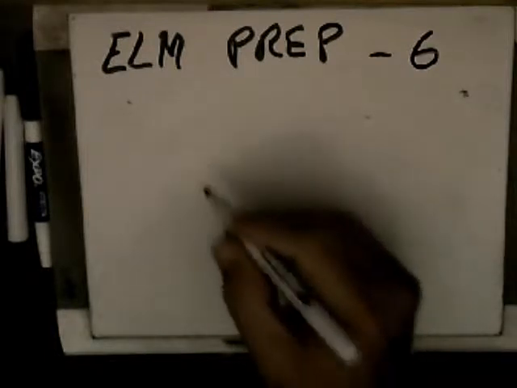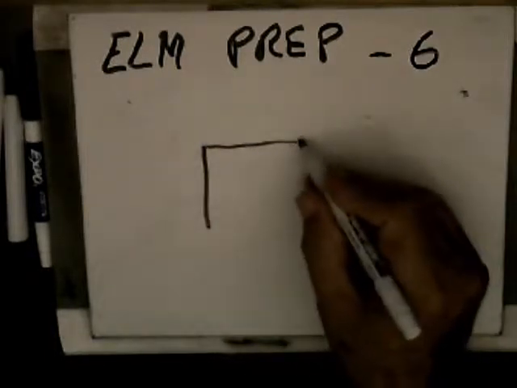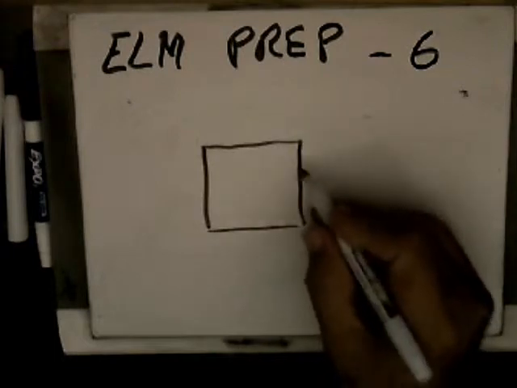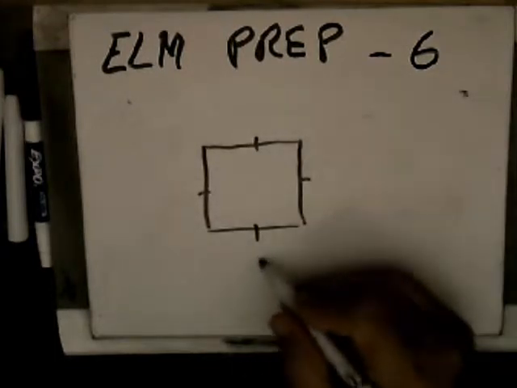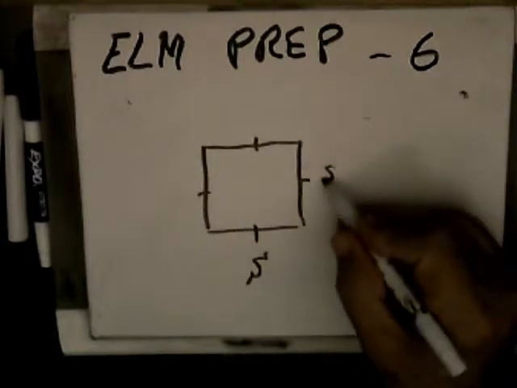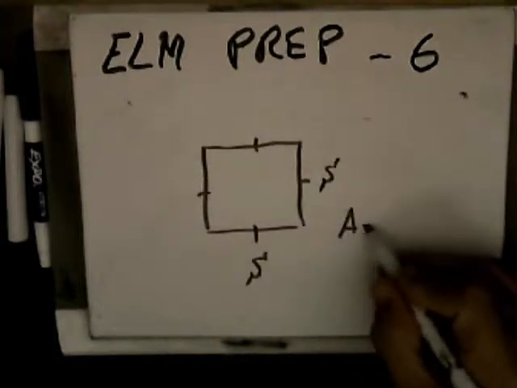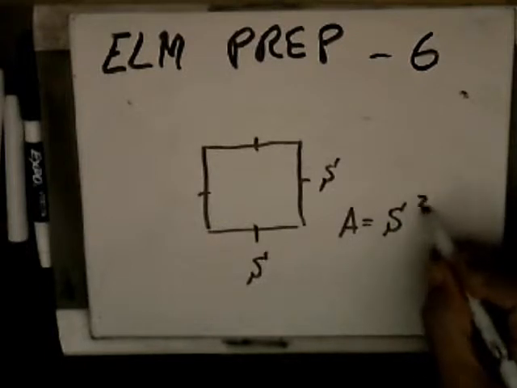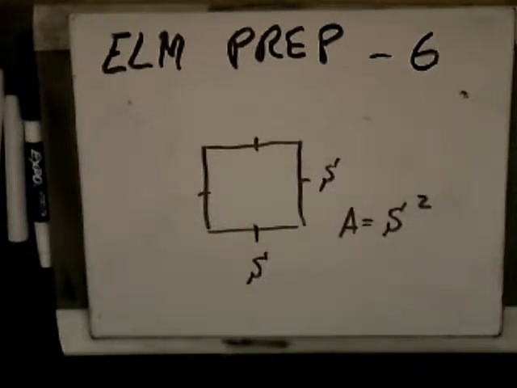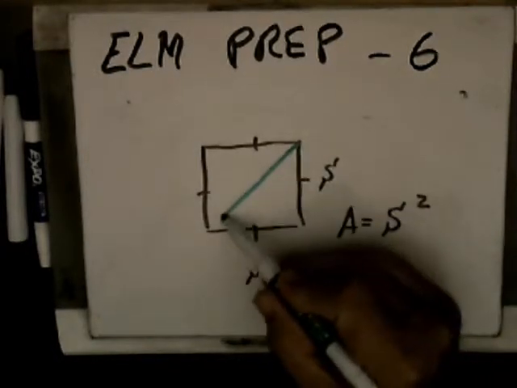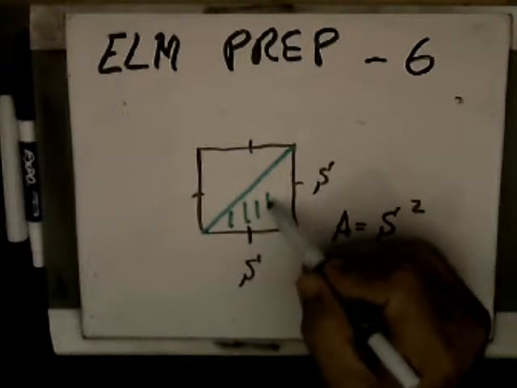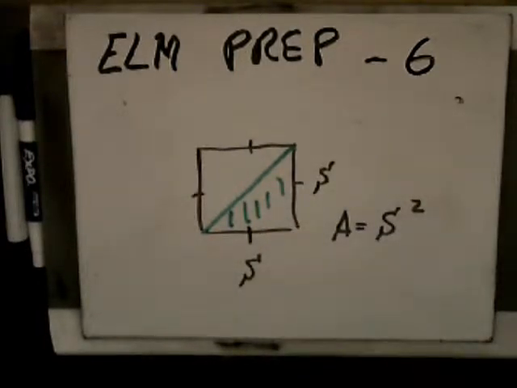So let's start with the basic idea of a square, where all the sides are in fact equal. The area of this is side times side, so area equals S squared. If we have a triangle, we could create a triangle here simply by chopping this square in half and taking half the area for the triangle.